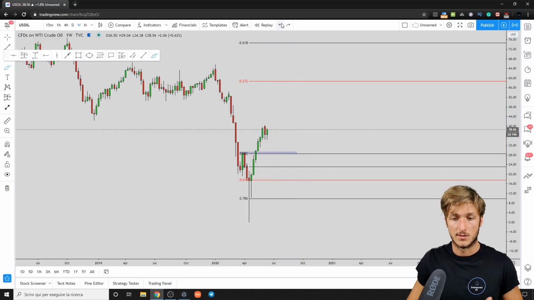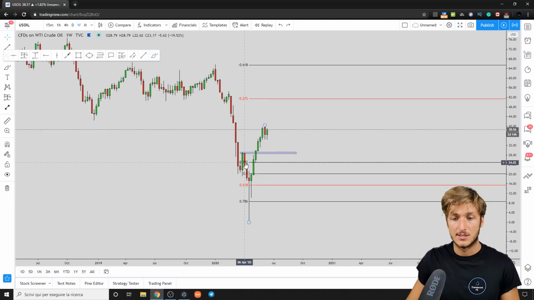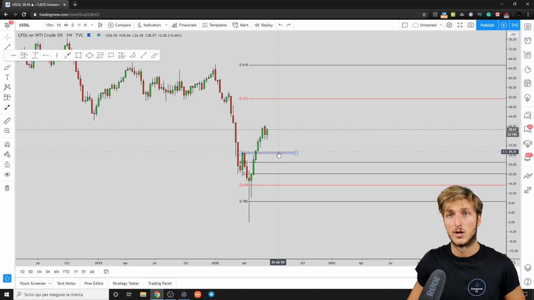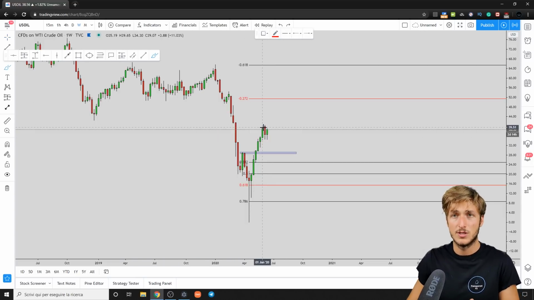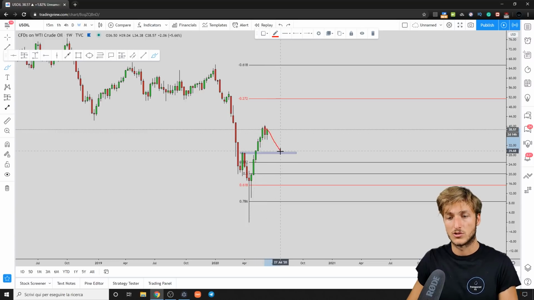If you see, as it is right now, that the 0.382 is not lining up with the structure, it is a problem because it means that probably this will not be the overall retracement zone for US oil, or at least it decreases the probabilities of actually seeing the market making this move to the downside.